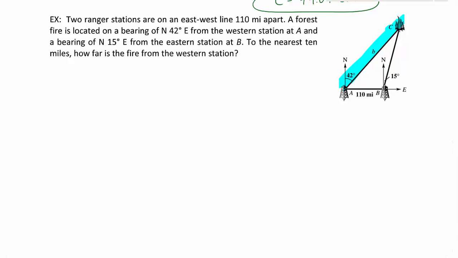Okay, well, let's see what we know. Since this is a north line and this is an east line, they have to create a 90-degree angle. That means for us that this angle right here has to be complementary with 42 degrees. This is going to have to be 48 degrees.